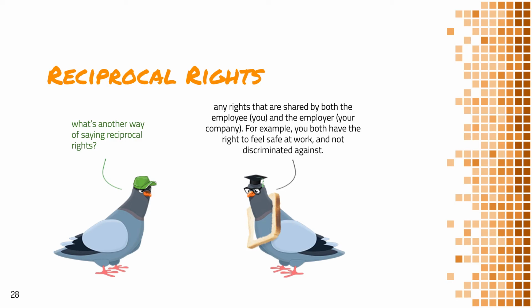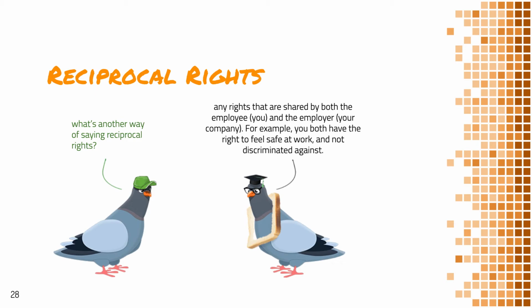They have the right, okay, this reciprocal right, so I have to look after them, but they also have to look after me. It means they can't then turn around and discriminate against other people or discriminate against their boss or anything like that. Both the employee and the employer share the responsibility of preventing discrimination.